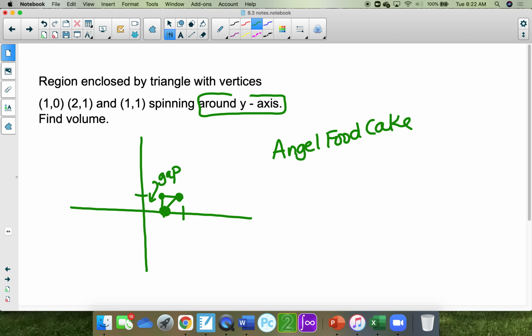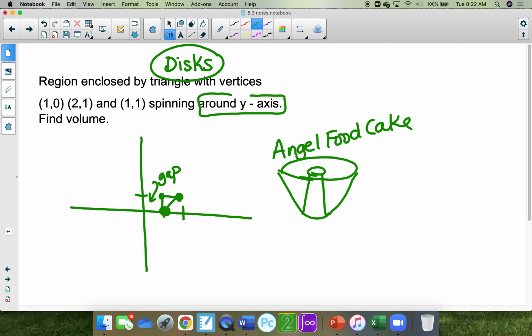It would look something like that when you spun that around the y-axis. So how do you spin something around the y-axis? We're still going to use circular discs. And you see that there's a gap.